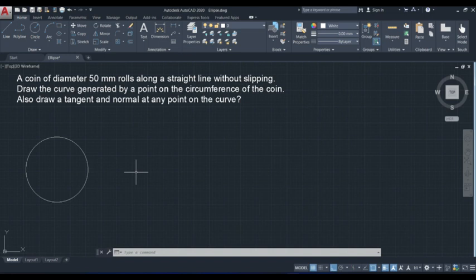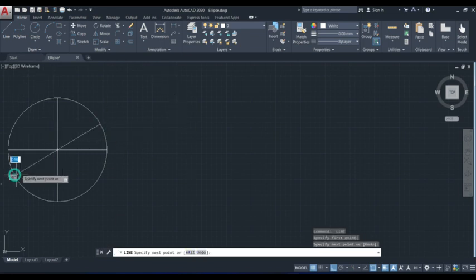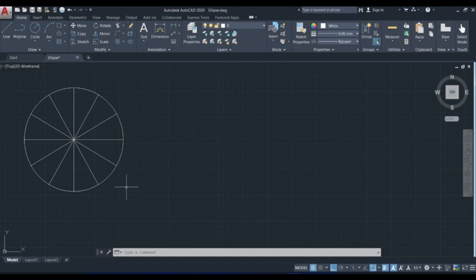Then we will get 30 degrees. So we have to divide the circle into 30 degree divisions. After dividing the circle into 12 equal parts, we have to mark points on the circumference of the circle.